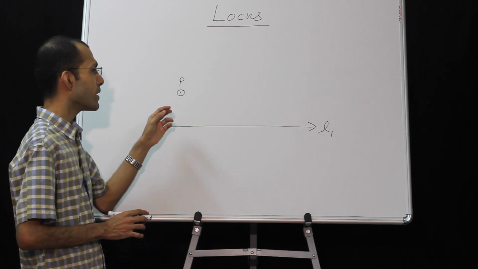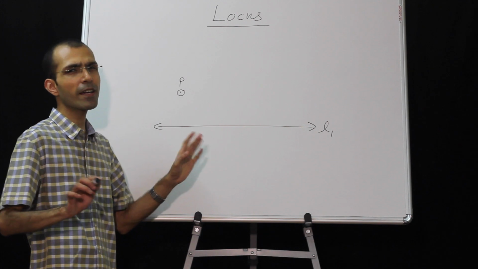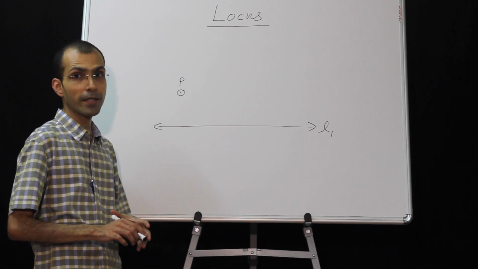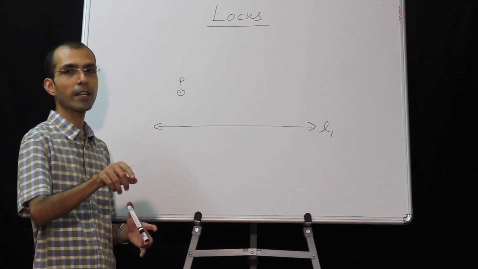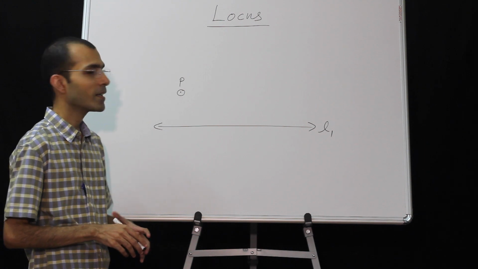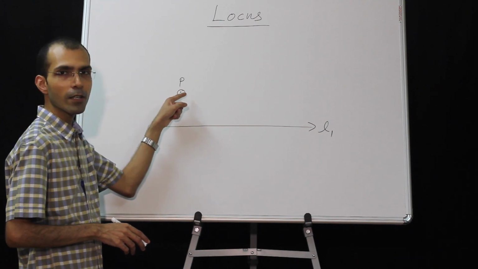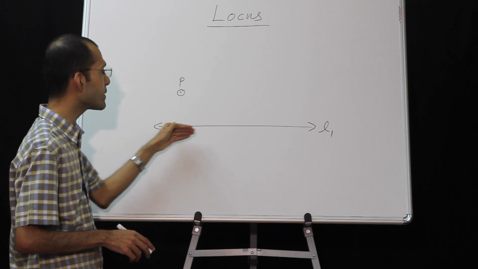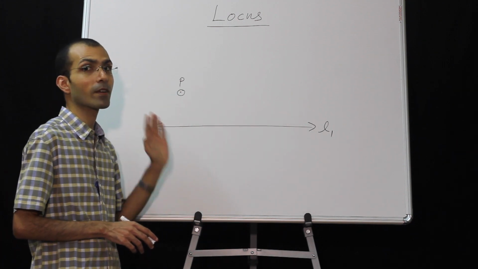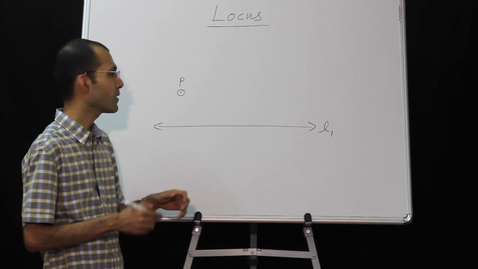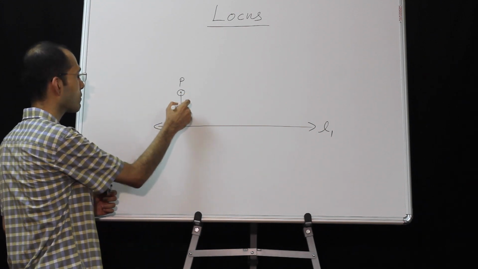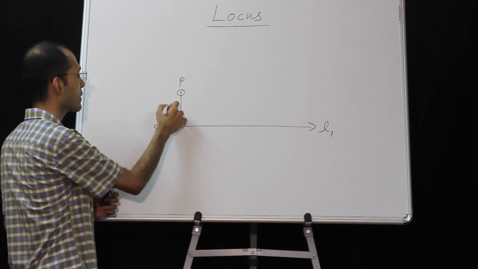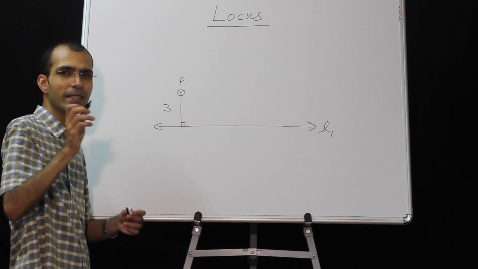Point P is free to move anywhere in this whiteboard, but some condition we are going to impose on it. This point P should always be at a fixed distance from this line L1, at a fixed distance. So right now, this much is the distance. Suppose the distance is 3 centimeter.